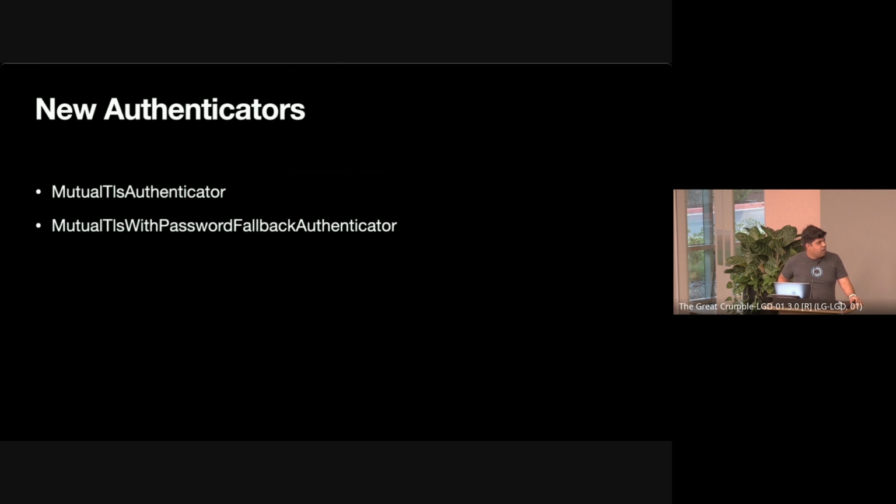And if you have passwords, and you want to maintain compatibility or transition your users from password-based authentication to certificate-based authentication, you can use this other authenticator, which is the fallback authenticator. And then we also have an internode authenticator. That's kind of important because at this point, I don't think Cassandra internode has a very strong authentication story associated with it.